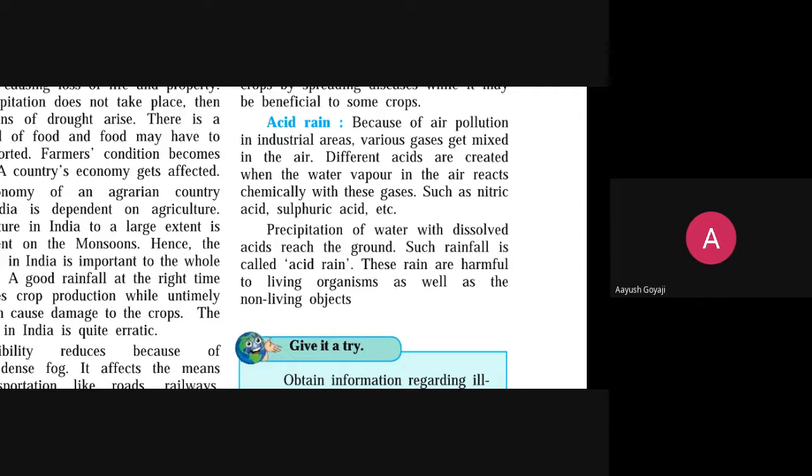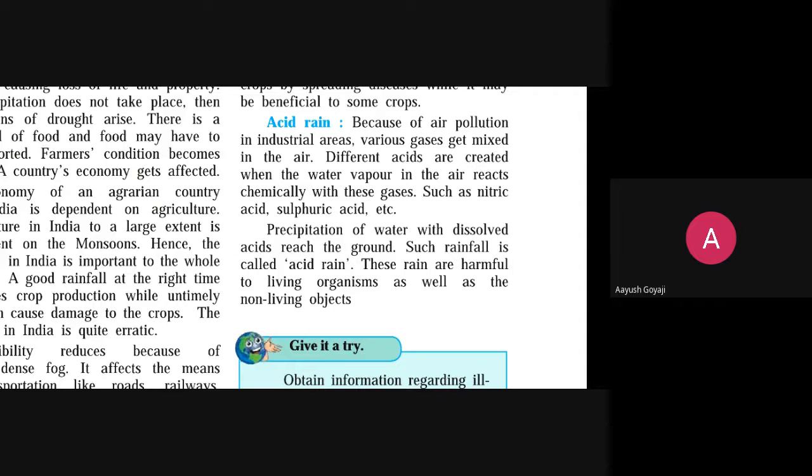Precipitation of the water with dissolved acid reaches the ground, and when such a type of nitric acid, sulfuric acid is formed, it comes down on the ground. Such a rainfall is called acid rain. मग याला आम्ल वृष्टी किंवा आम्ल वर्ष असं म्हटलं जातं.